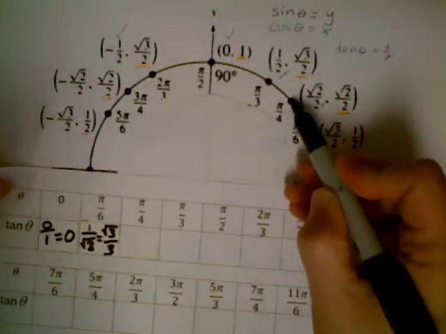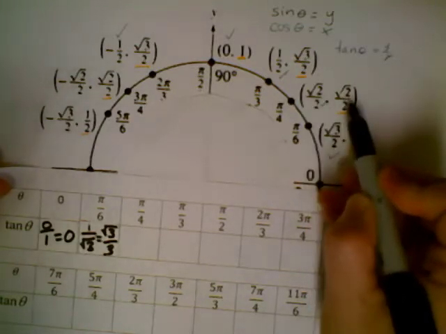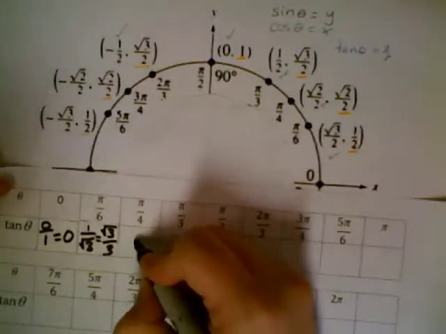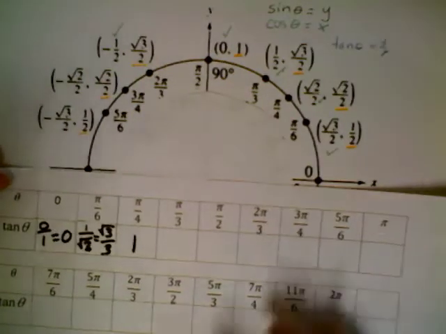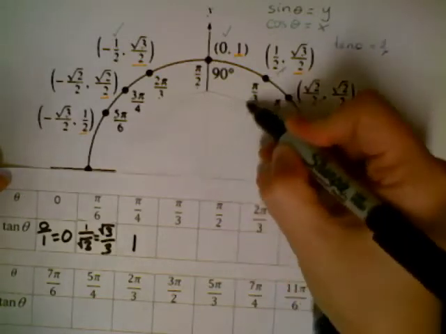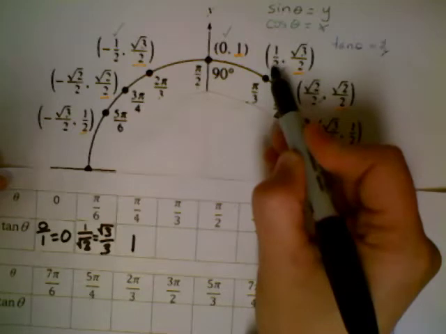When our angle is pi over 4, y over x is this ratio over itself, and you'll notice y over x will simplify to 1. We rotate up to pi over 3. When theta is pi over 3, we'll get square root 3 over 2 over 1/2.